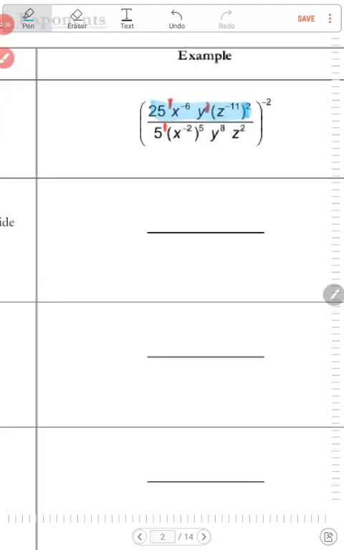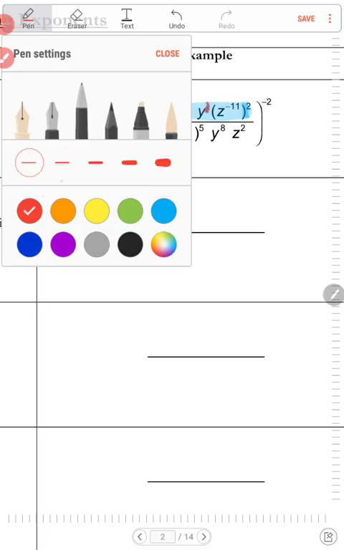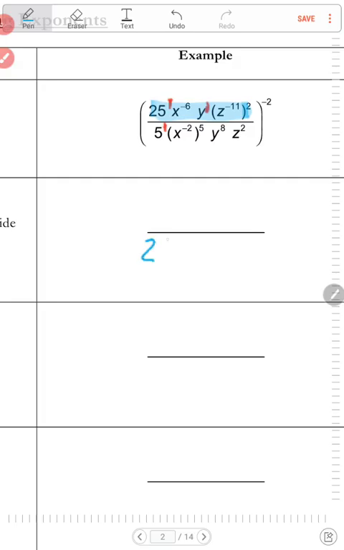So I'm going to take this top portion and move that to the denominator. So 25 to the first power, x to the negative 6, y to the first, oops, that's ugly, y to the first, and z to the negative 11th, squared.